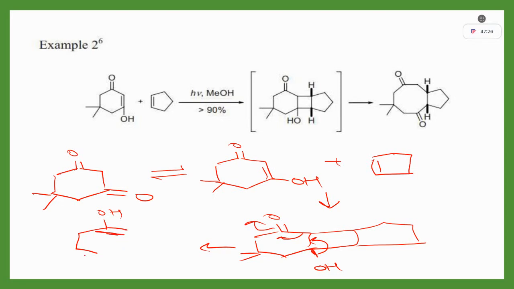This bond has cleaved right now. Yes or no? Now you can calculate the number of membered ring. One, 2, 3, 4, 5, 6, 7, 8.